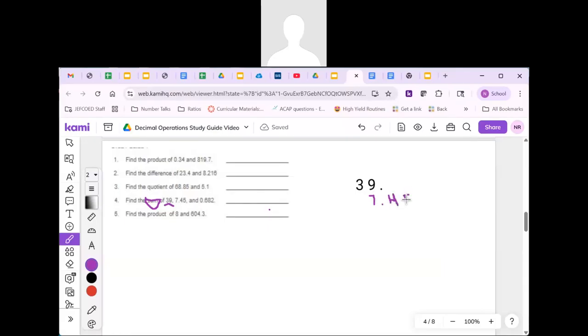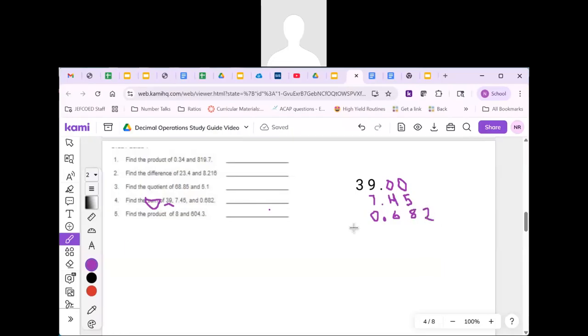Now, it just makes it look much neater if I go ahead and just put the zeros in where there's nothing, because 0 means nothing. Okay? All right, my next problem, 0 decimal. So I'm going to go ahead and put the decimal, right? Then I put the 0 before it, and then following should be a 6, an 8, and a 2. 6, 8, 2. Maybe I got the right problem this time.